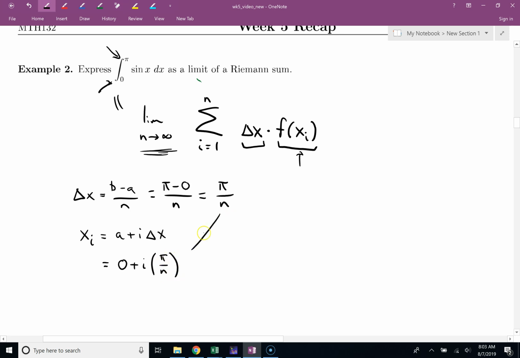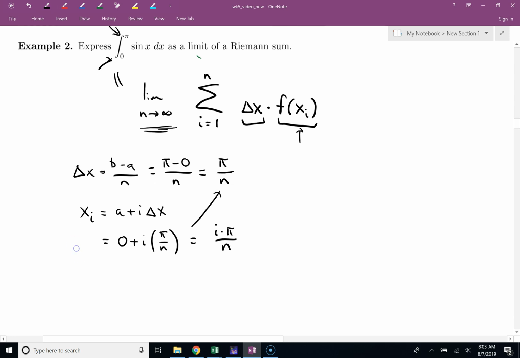It's the same delta x as up there. So we can simplify this down a little bit. I'm going to write i times pi over n. And finally, maybe the last thing is that we don't really want our x sub i's so much, but we want the function's value, the height. These are the right-hand endpoints, but I really want the height of our function at these endpoints. So in this case, our function is the sine function.